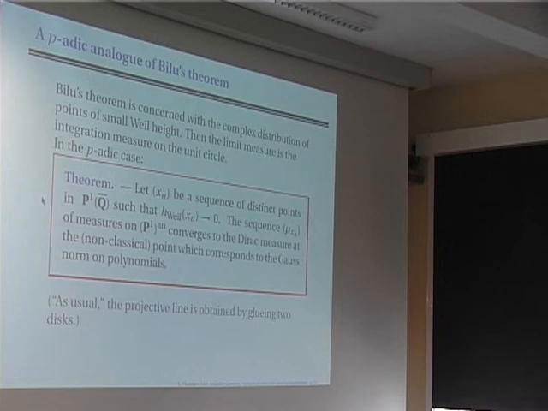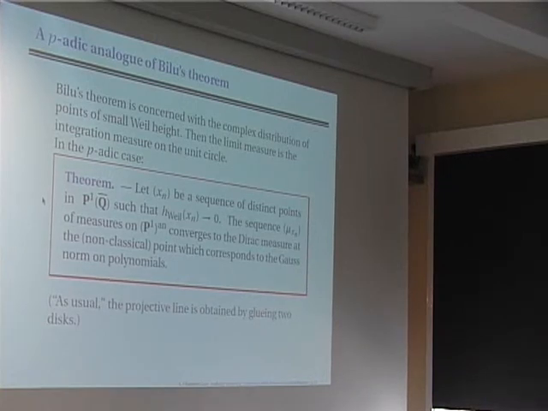If you remove the Gauss point from the Berkovich unit disk, then you get a countable collection of open unit disks indexed by the residue field of C_p. So you have many open disks that are just linked by one point somewhere.